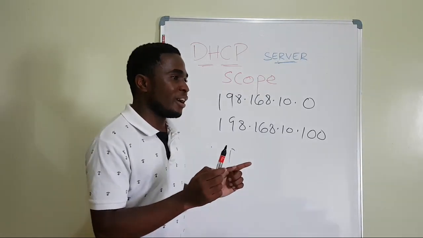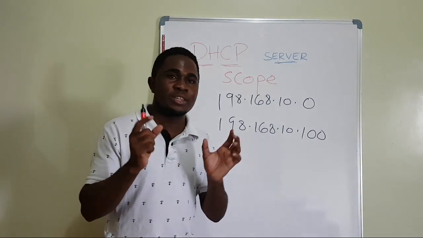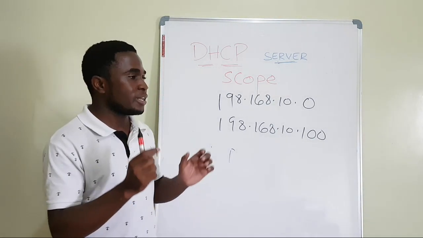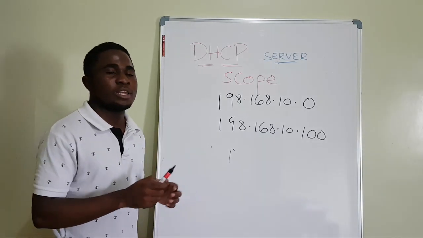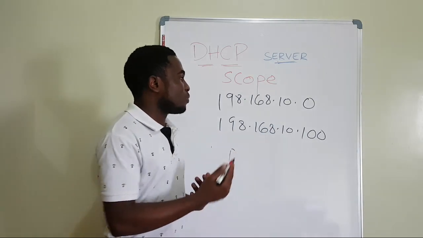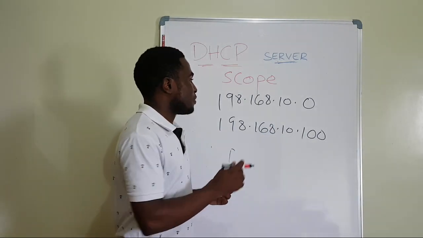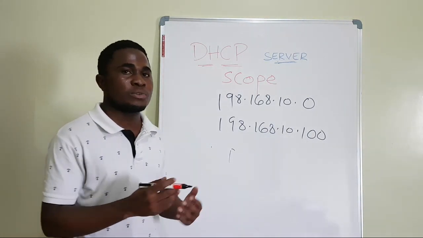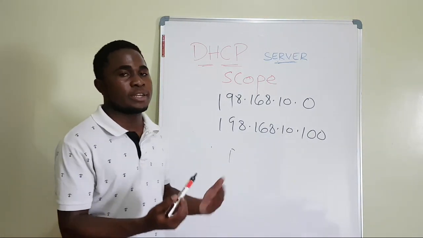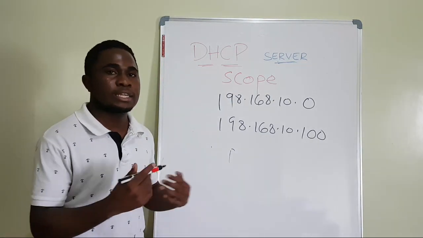The DNS server and the DHCP server sometimes work together, but these are separate servers which are installed in our different systems. They tend to work together, but they are separate. And apart from this, there are some other reservations, some other specific IP addresses which are assigned to some services which we no longer need as clients to acquire.